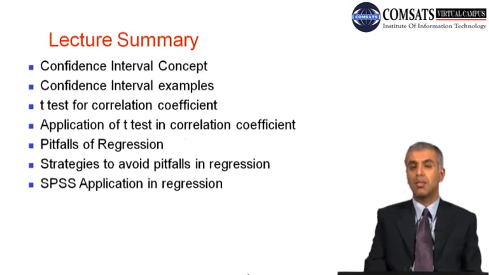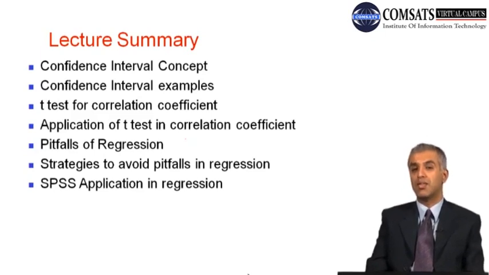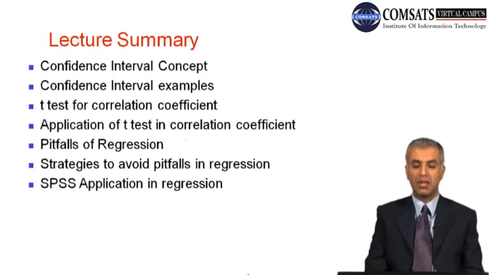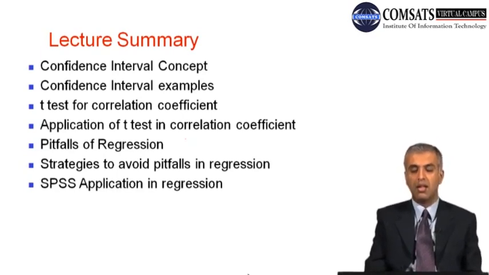Then we discussed the application of the T-test for the correlation coefficient, why it's necessary and what the concept behind it is. We also discussed whether this T-test follows the same rule as the Z-test, and it is again vital for us to calculate the probability of whether that correlation coefficient result would be reported again if another sample is drawn from the same population.